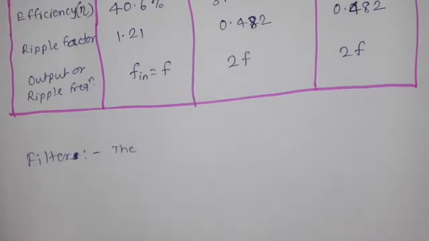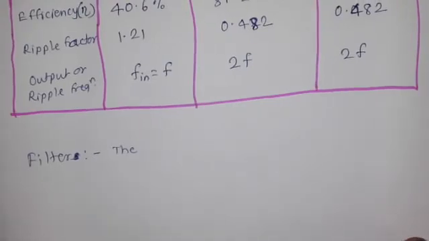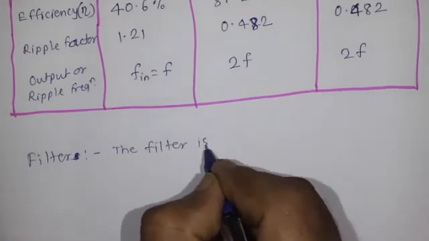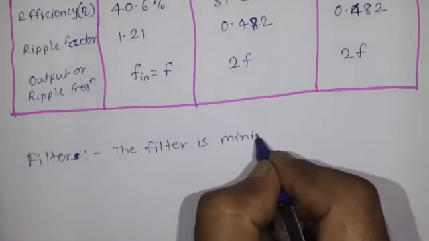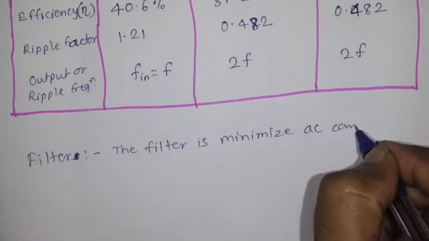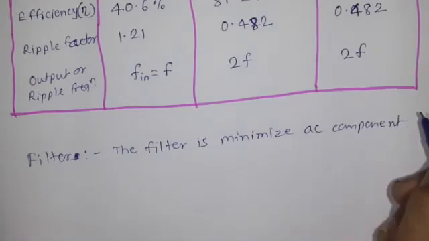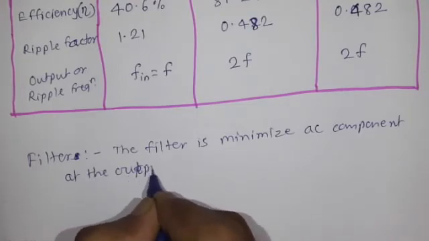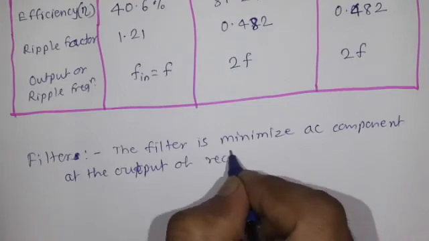For that purpose we use the filter circuit, and with the help of this filter, the AC content at the output side must be decreased. Therefore, if you want to write the definition, a filter is a circuit which minimizes the AC component at the output of the rectifier.